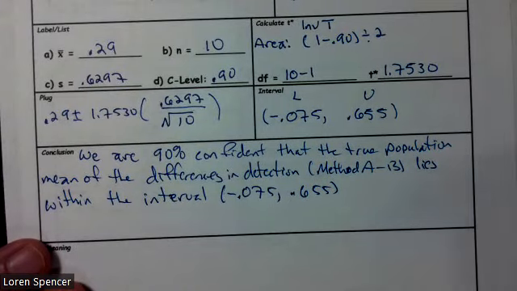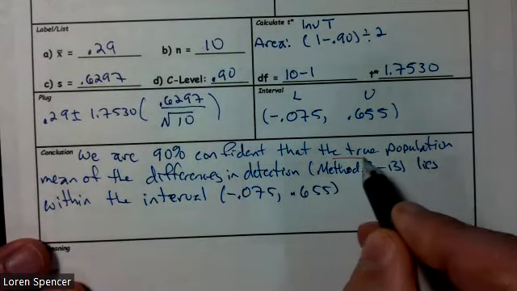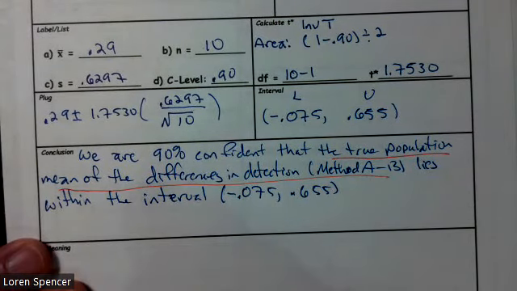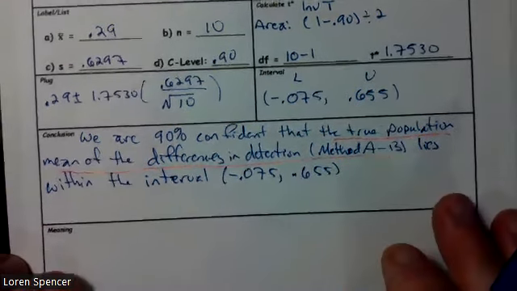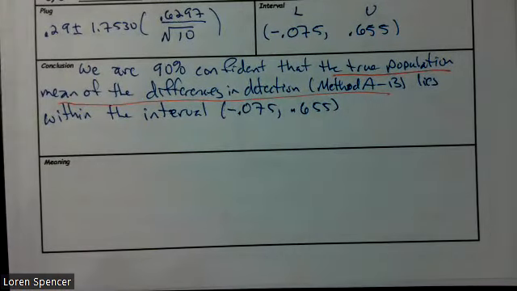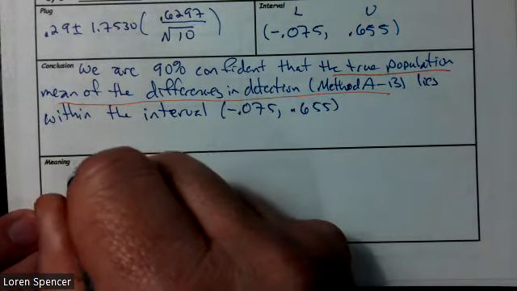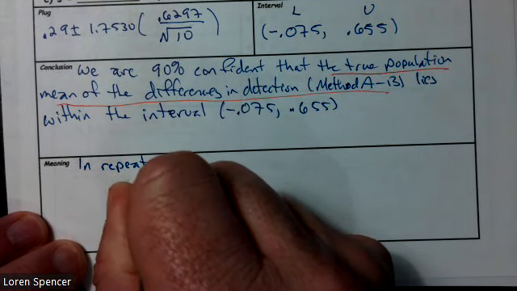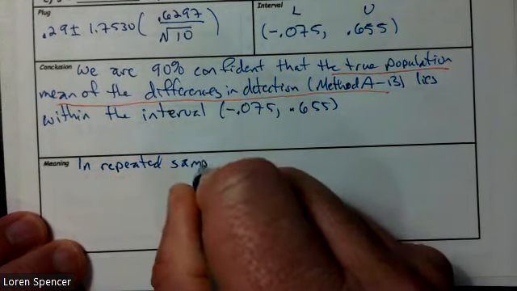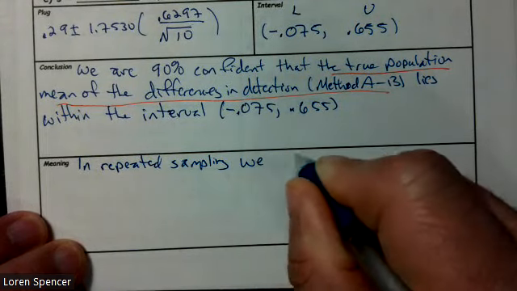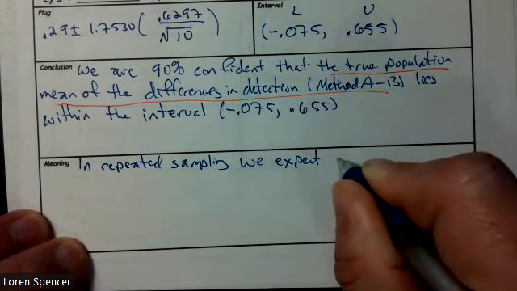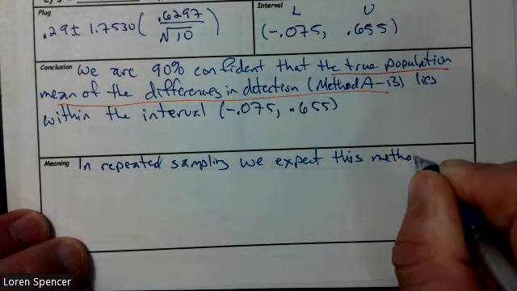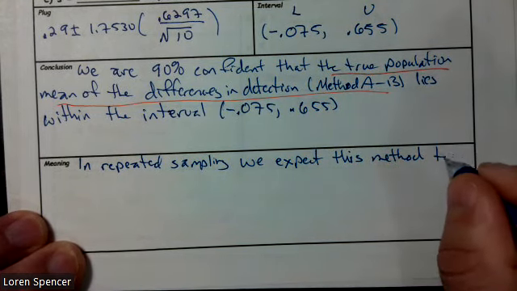Also, please remember this right here, the true population mean of the differences in detection, is just a restatement of our parameter. All right, so the meaning, when I have the word meaning, all I'm talking about is explain what the confidence level means in context. So in context, if we did this over and over again, in repeated sampling, we expect this method, this is kind of our brag, it's so good that we expect this method to work how often?